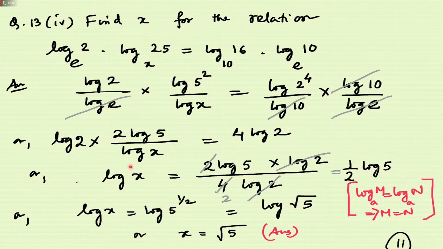Now you have log x equal to log 5 to the power half, and this is log root 5. So you will have x equal to root 5. So this relation will give you x equal to root 5, and this is your answer.